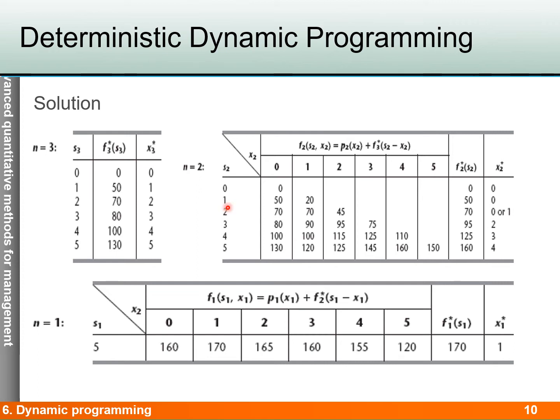So if we don't allocate anything in the second country, based on table 11, this P2(x2) is 0. And if we allocate this one to the third country, it is 50. This F3 star of S2 minus x2. So 50 plus 0 is 50.